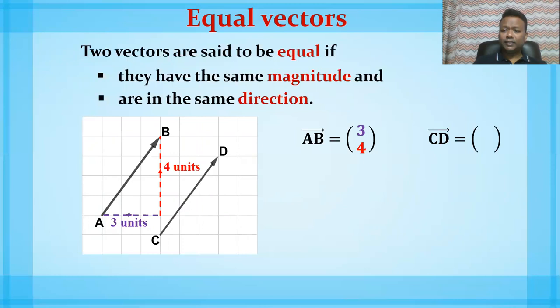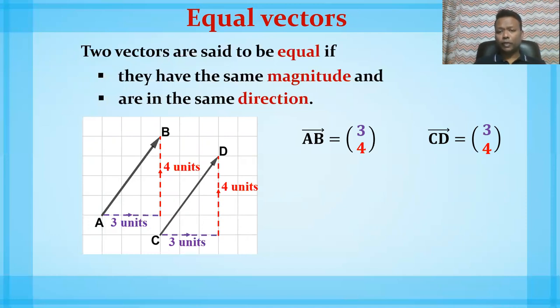Next, we express CD in column form by first considering the horizontal movement from the starting point C, which is 3 units to the right. So we put 3 in the first row. Now we look at the vertical movement. Here it is 4 units upwards, so we write 4 in the second row.